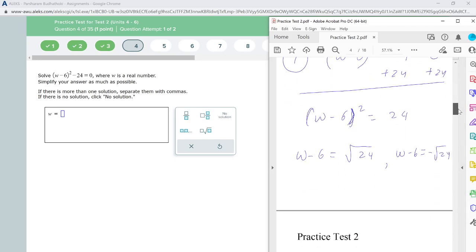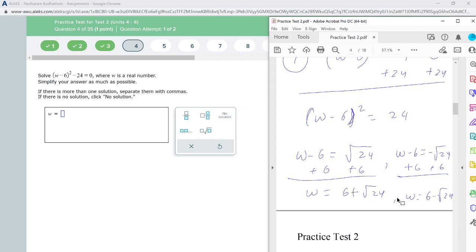Now just add 6 to both sides. w equals 6 plus square root of 24, and here w equals 6 minus square root of 24. These are the answers, but it says simplify your answer as much as possible.